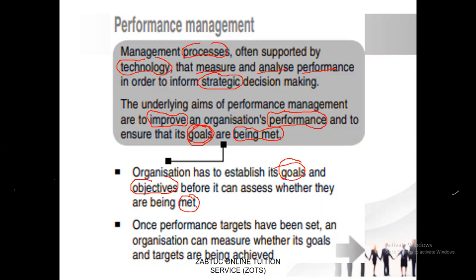Once performance targets have been set, an organization can now proceed to measure whether its goals and targets are being achieved. So the starting point then, it makes sense that area A of our syllabus is called what?